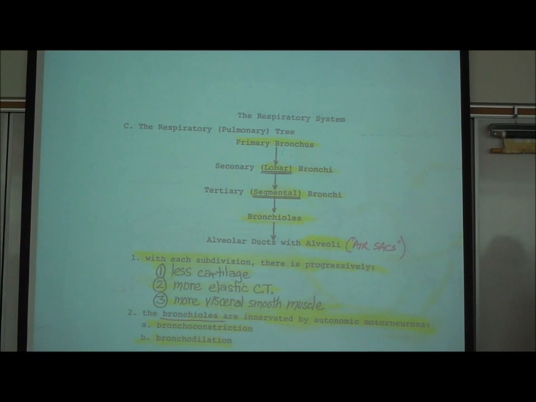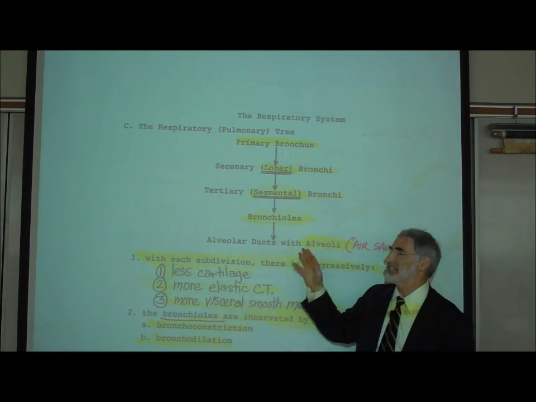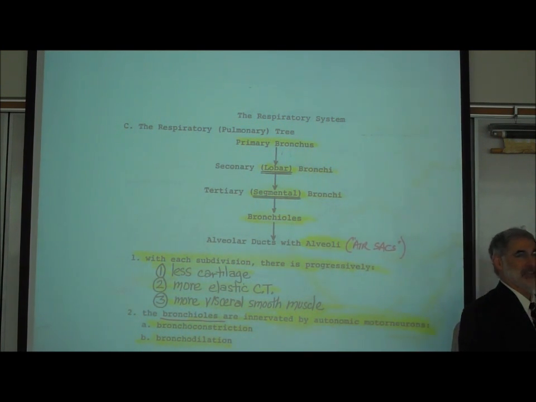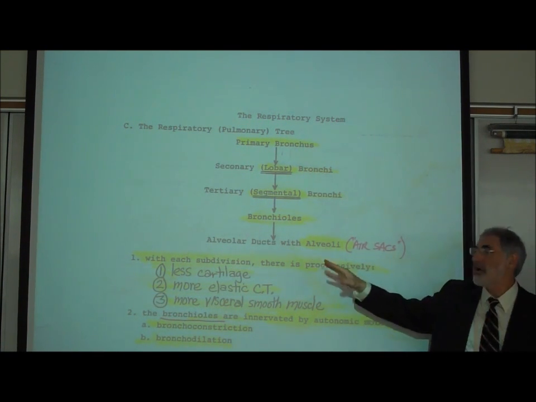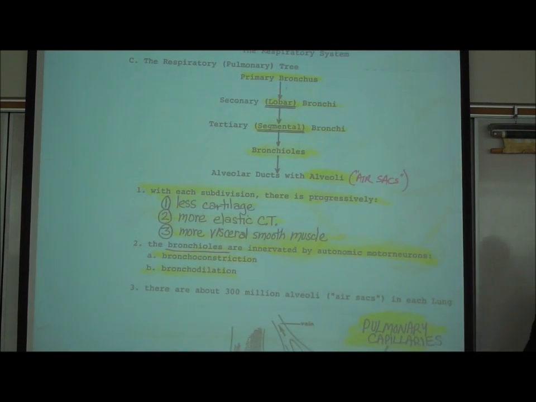It's not complicated. The lobar bronchi subdivide into segmental bronchi. The segmental subdivide into bronchioles. And the word bronchioles reminds us of that word for little arteries, arterioles. Right? So the little arteries are called arterioles, little bronchi are called bronchioles. And the bronchioles subdivide into alveolar ducts, and that finally terminate in these air sacs or alveoli.